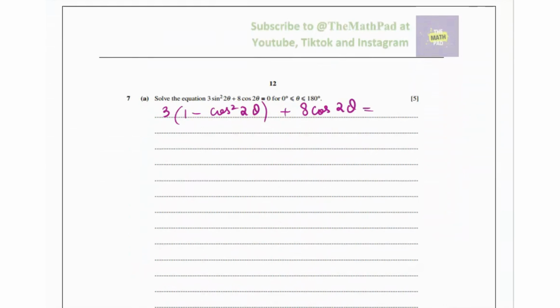Expand the bracket. 3 minus 3 cos squared 2 theta plus 8 cos 2 theta equals 0. I'm going to multiply the entire equation by -1 to make the cos squared positive. So 3 cos squared 2 theta minus 8 cos 2 theta minus 3 equals 0.